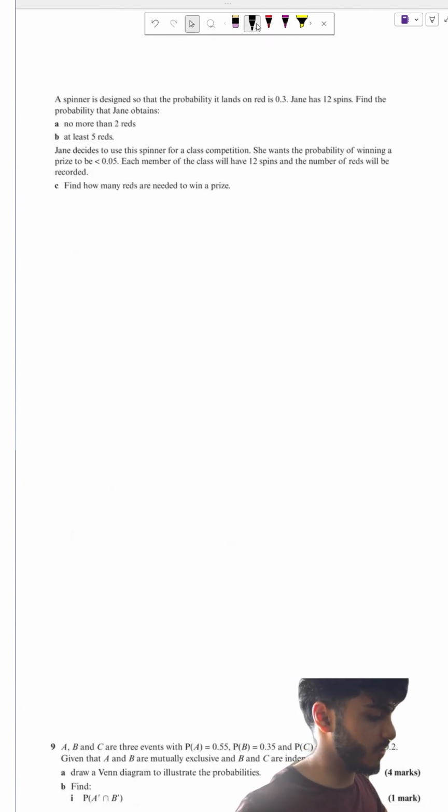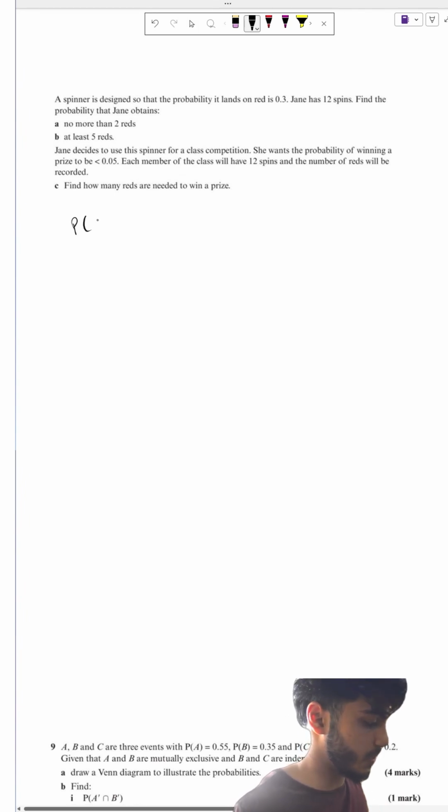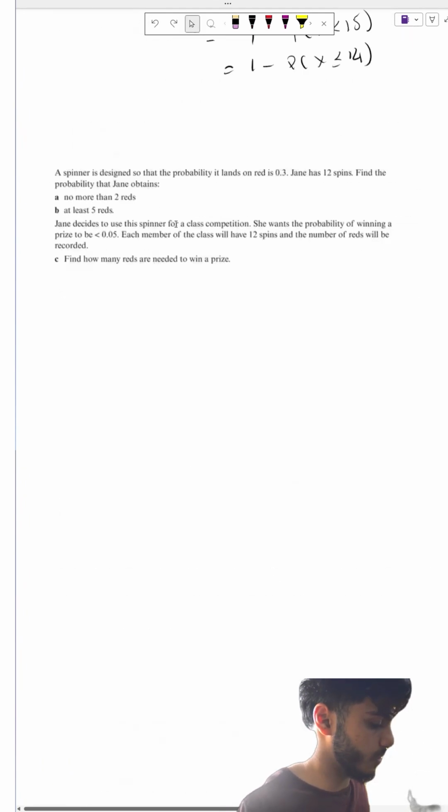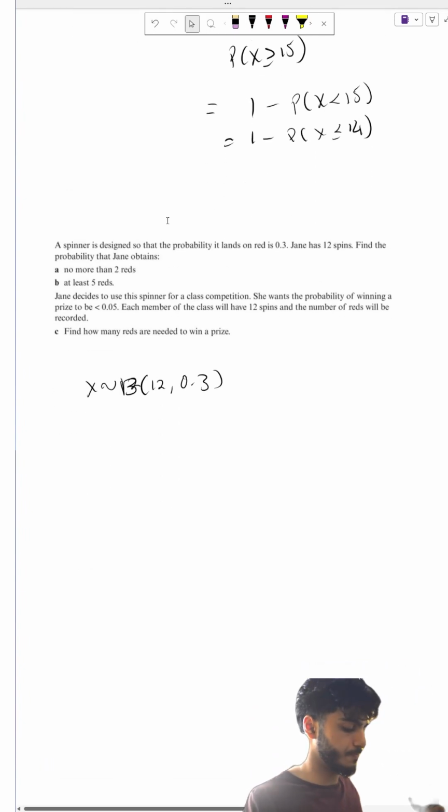Spinner is designed so the probability that it lands on red is 0.3. Jane has 12 spins. Find the probability that Jane obtains no more than 2 reds. So you want the probability that X, in fact let me make the distribution first, X is 12 and our probability is 0.3.